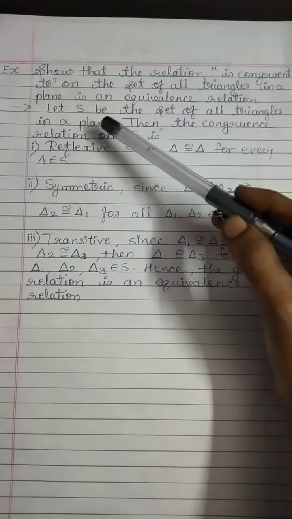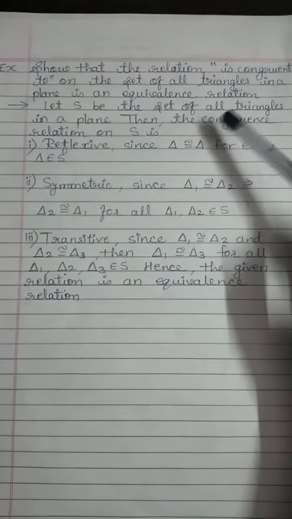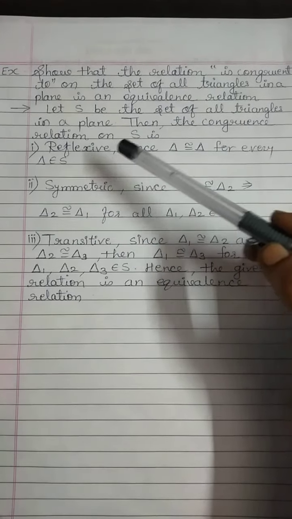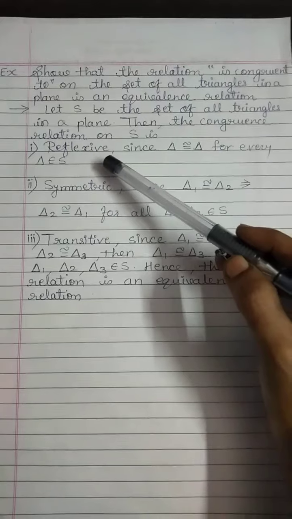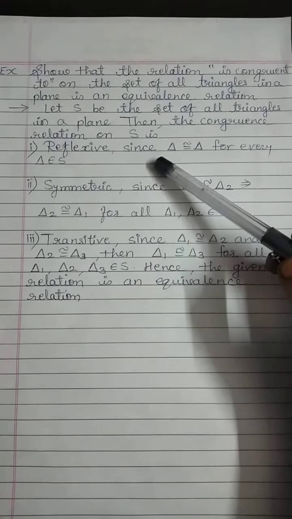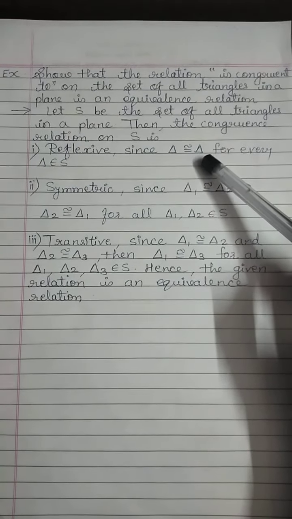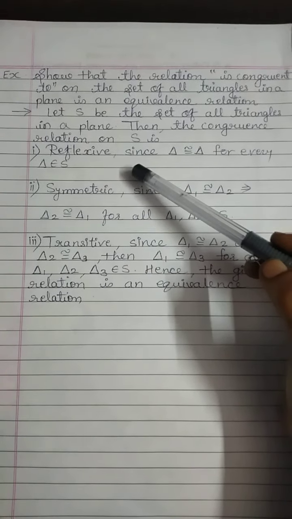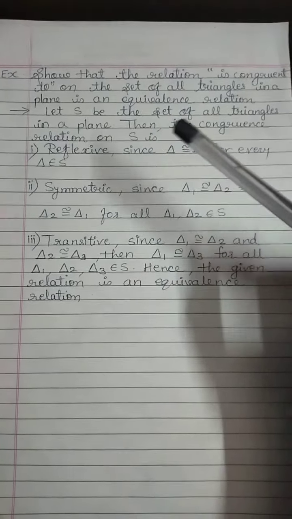Now let capital S be the set of all triangles in a plane, then the congruence relation on S is, for reflexive, triangle is congruent to triangle for every triangle belonging to S, the set of all triangles in a plane.